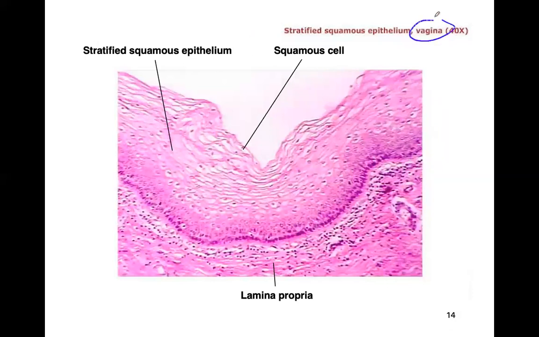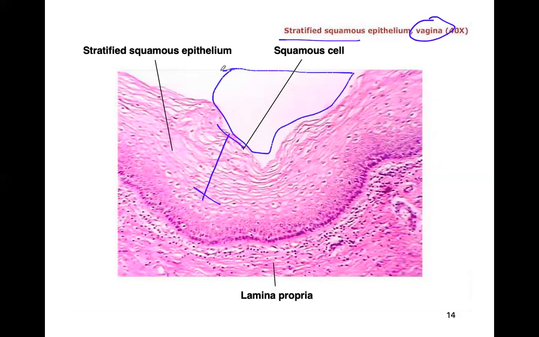Okay, here's the vaginal area. Once again, stratified squamous. From here to here, we're going to have multiple layers of stratified flat irregular shaped cells. Here's the lumen, right? This is the lumen.